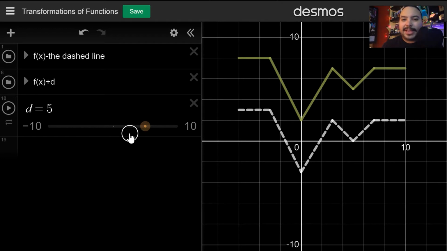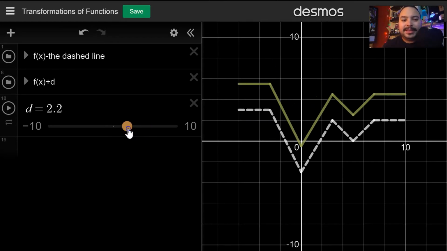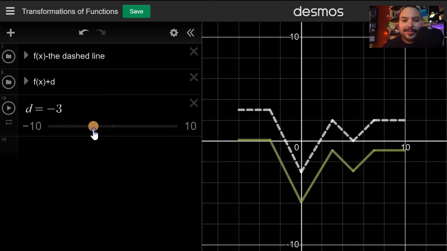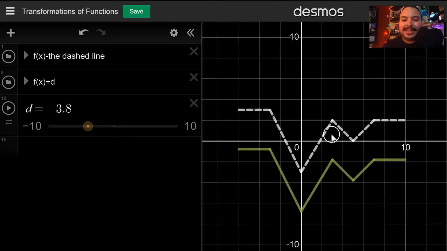So what if we looked at negative values for d? This would be subtracting, so it'd be like f of x minus some number. Let's see what that would look like. As we make our value of d negative, you guys can see that it lowers it. The graph shifts downwards by whatever the value of d is.